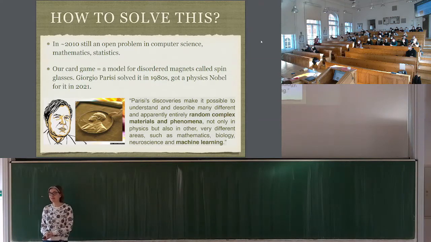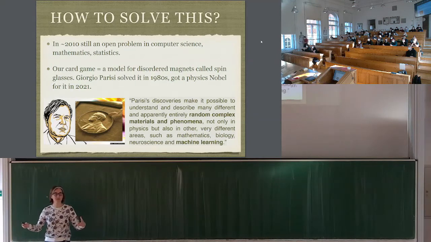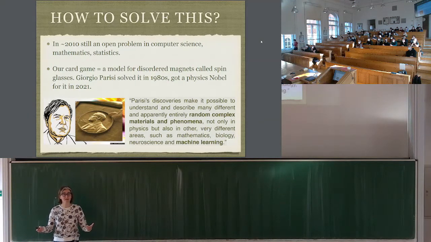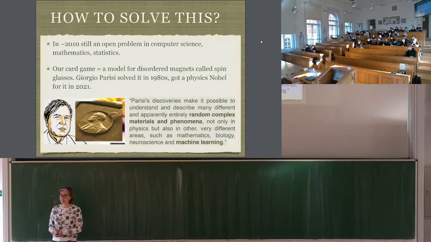And the problem that we are talking about here is a problem of machine learning. It's a more general class of problems called clustering, when you have data and you want to split the data into classes. Here we had the class of the +1 card and the class of the -1 card, but this is a much more generic problem.